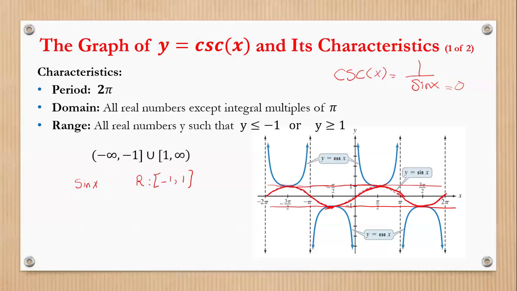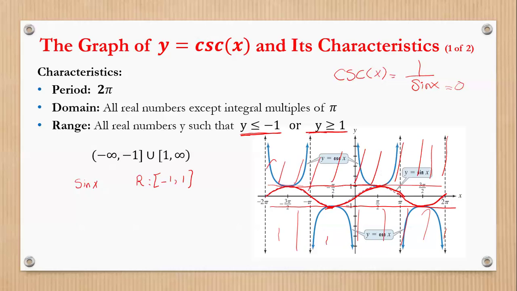So for writing the range of the cosecant, we say the range can be any number less than -1, that means below this line, or more than 1, which is above this line.